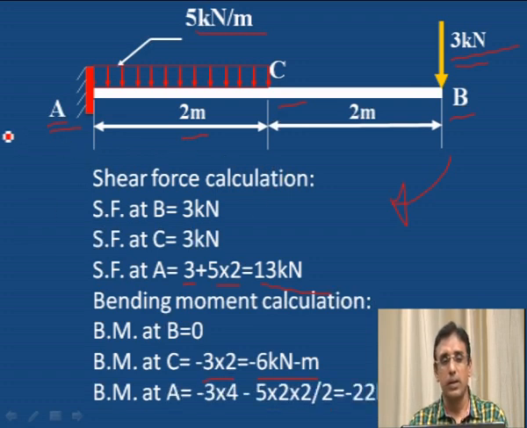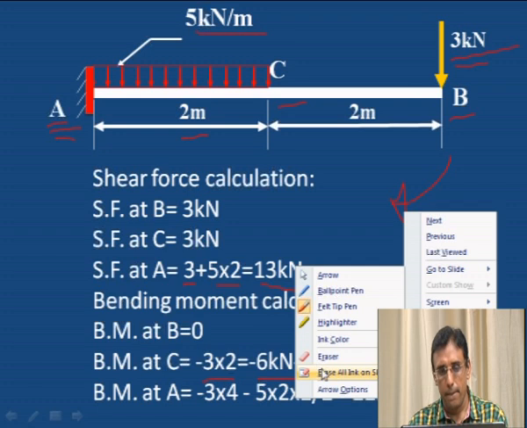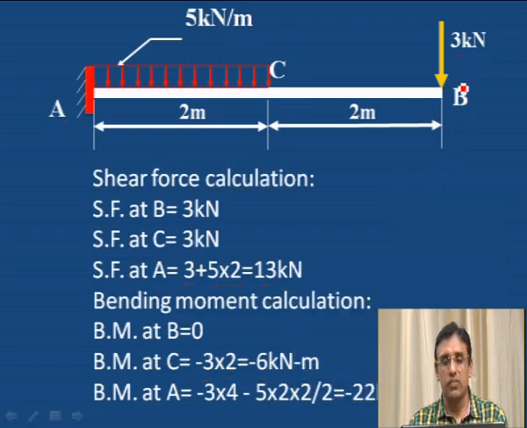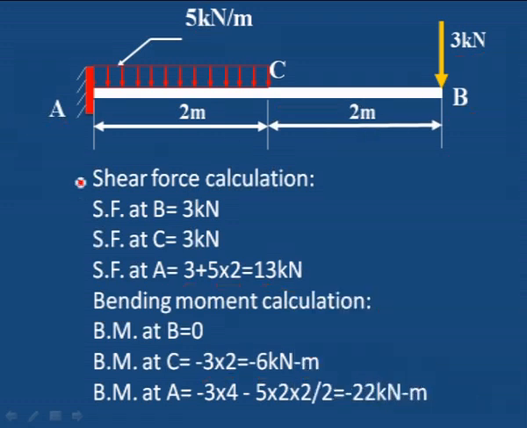Bending moment at A. For calculating bending moment at A, 3 into the distance from B to A. Distance from B to A is 4, so 3 into 4, and then the uniformly distributed load.